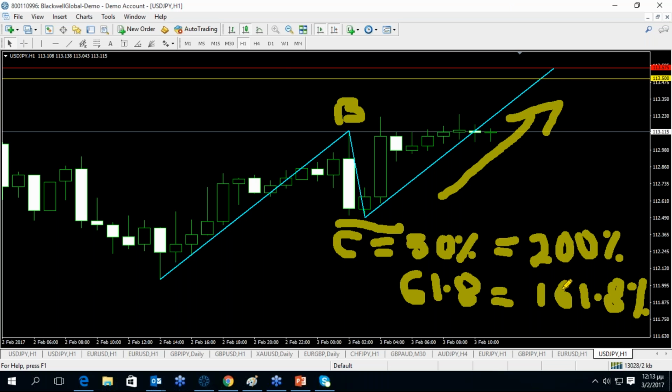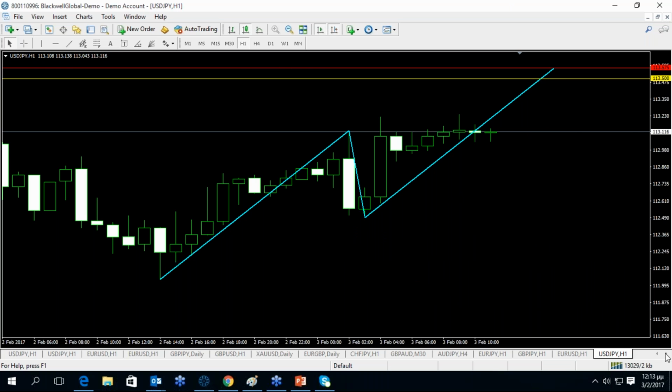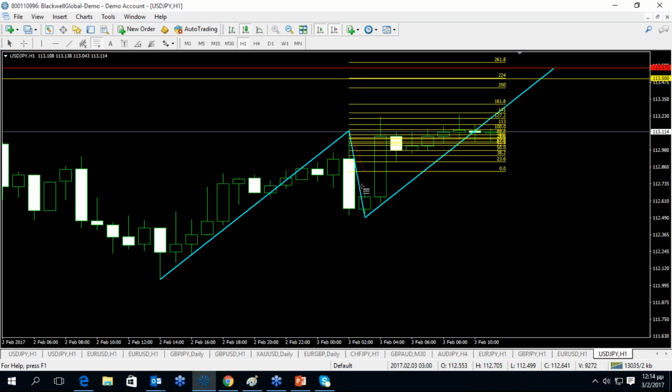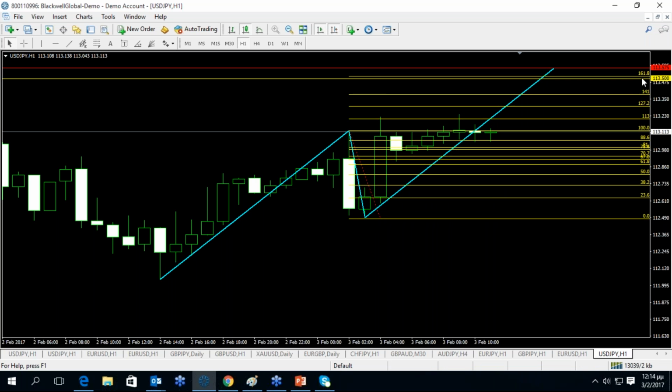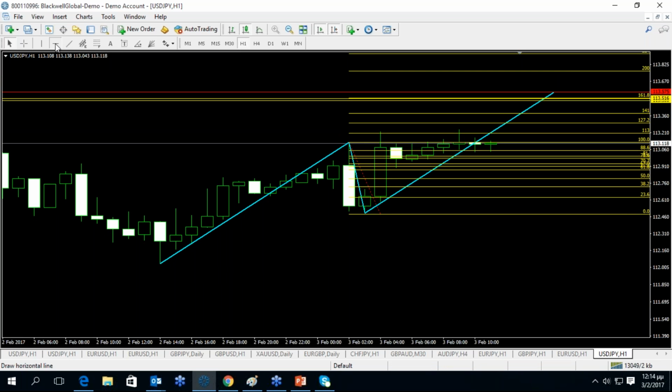I'll erase all drawings and start using a Fibonacci, pulling it from B to C to look for 1.618, which is right there, equal to 161.8%, and also your 200%, which is way up here. There we go.